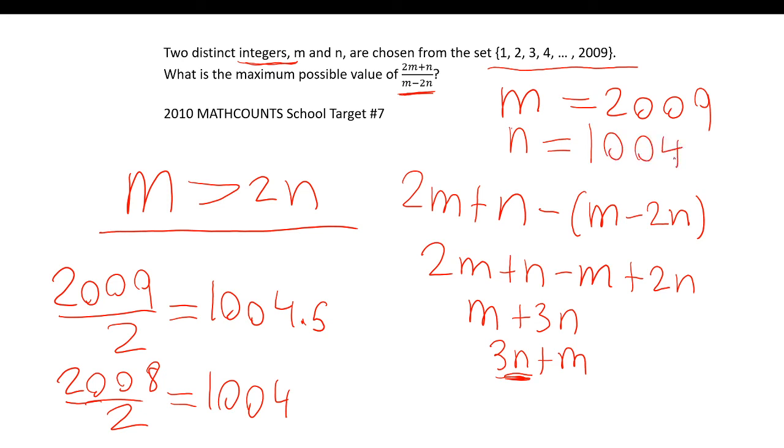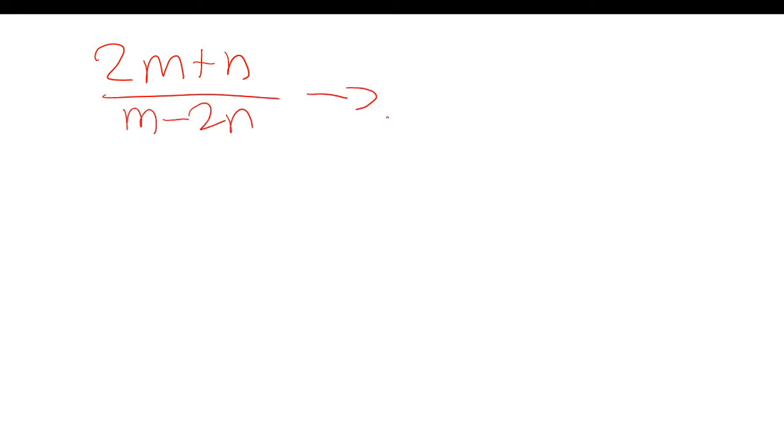And now we have m and n. Now, all we need to do is stick m and n into this expression, and then we'll get our answer. Now let's just do that. Let's rewrite our expression: 2m plus n over m minus 2n. What do we have?